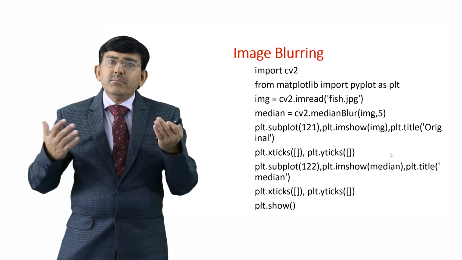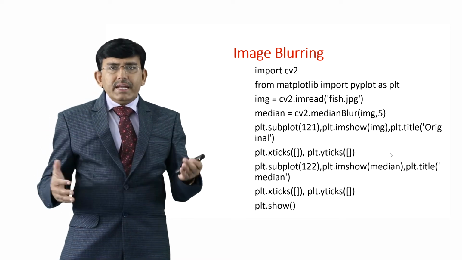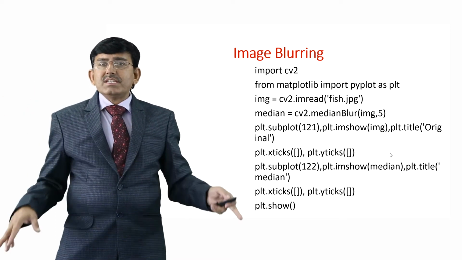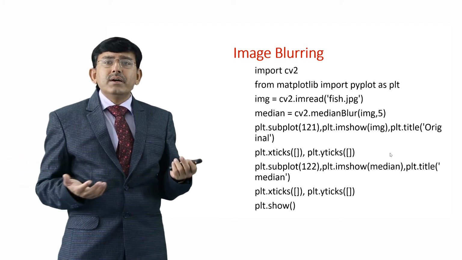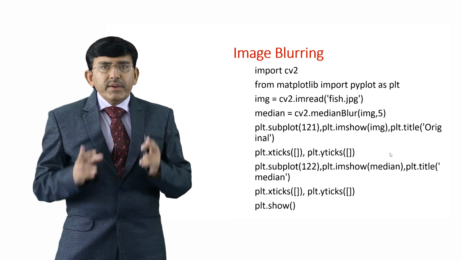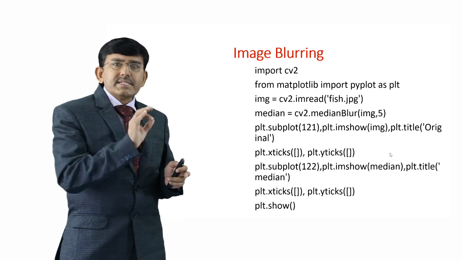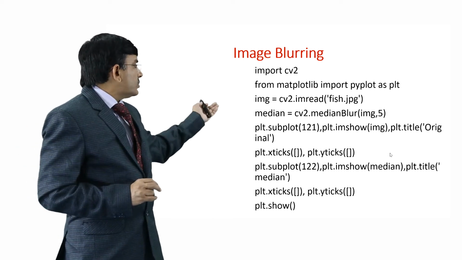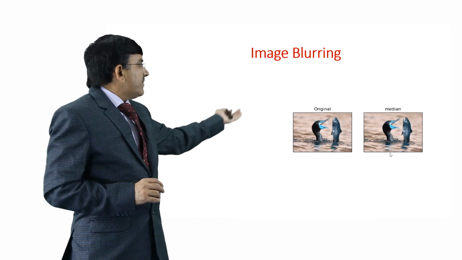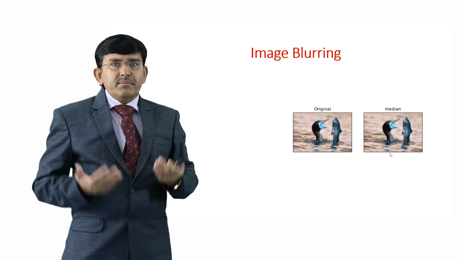Now do the median blur with the medianBlur method, and then finally display the original and the output images in a single figure window with respect to their index number along with titles. Like here, it has shown the original image and then the median filtered output image.